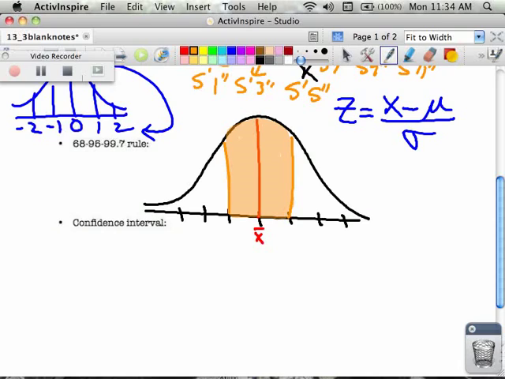Now, hopefully you understand that means I have 34% here and 34% here, because that's 68%, right? So 68% within one standard deviation.